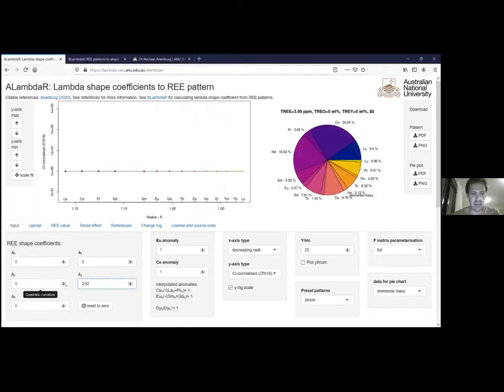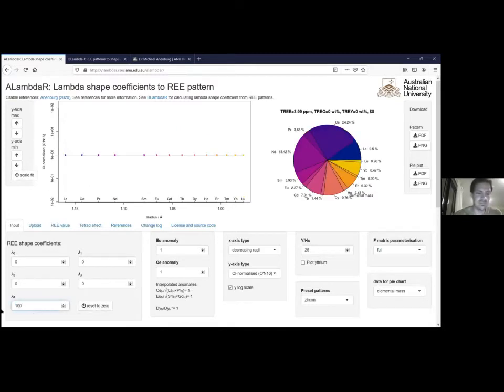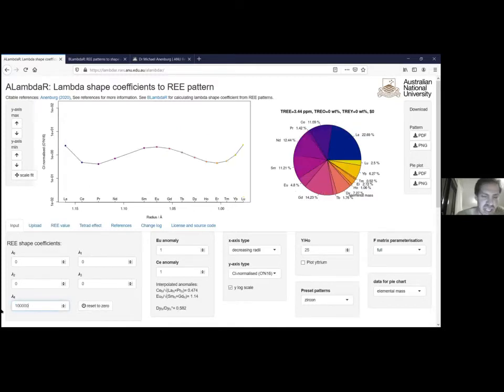A lambda 3 would be this, too much, let's just scale it, this sinusoidal shape, and a lambda 4 would be some kind of M shape or W shape, depending on what numbers you put in there, and you can add all of them together. So I have some preset patterns here of how a pattern might look like.